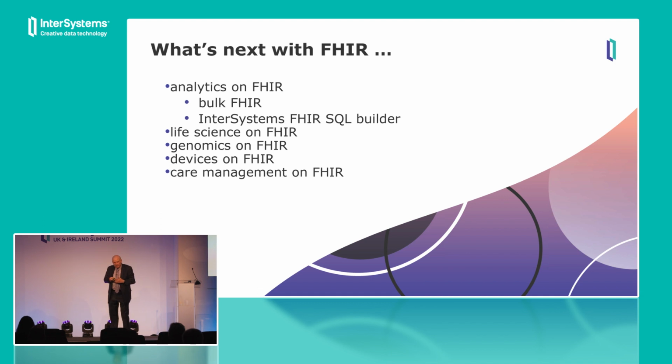So let me talk a little bit about what's coming next with FHIR, not in great detail, but just the idea of where we're going. You may have heard a little bit in some of the talks about analytics with FHIR and about bulk FHIR, which is the idea of having a large data set that is a population level data set of data represented as FHIR.